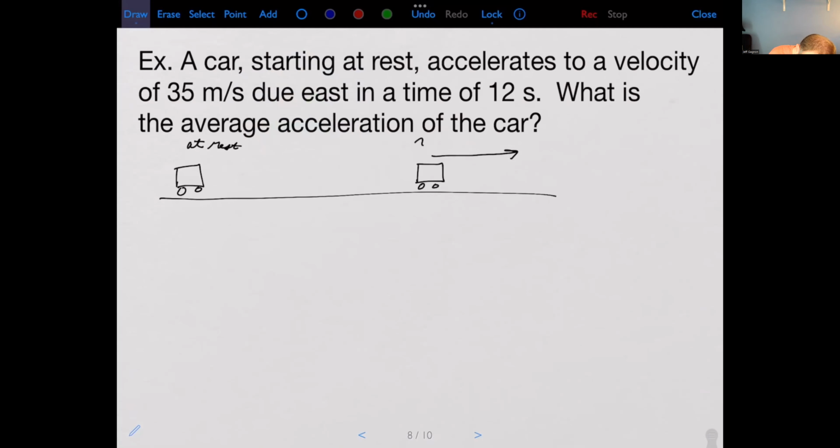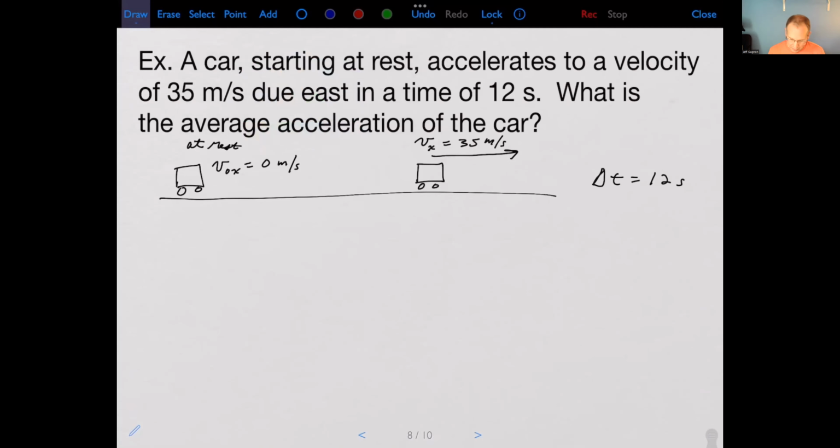So if I call this final velocity Vx, the final velocity is 35. And because it's at rest, the initial velocity V naught x is 0. And my elapsed time, my delta t, is going to be 12 seconds.